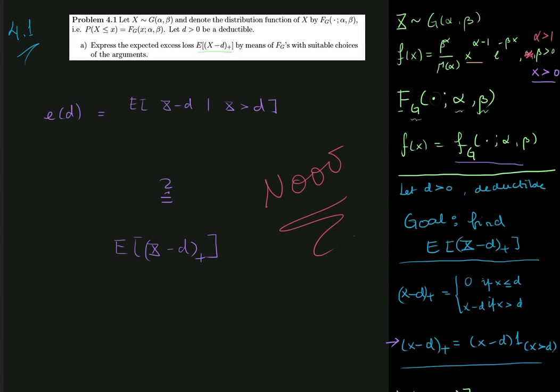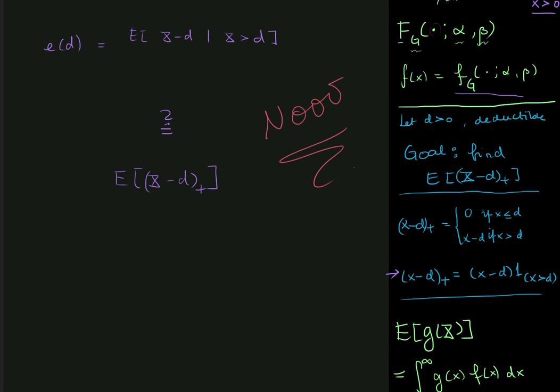And in order to understand that, we can first and foremost try to look at the definitions. So this thing down here, as we noted earlier, is the mean of x minus d multiplied by an indicator which only allows this to be x minus d in the case that x minus d is positive, so in the case that x is greater than d, and otherwise the stochastic variable inside here is 0.